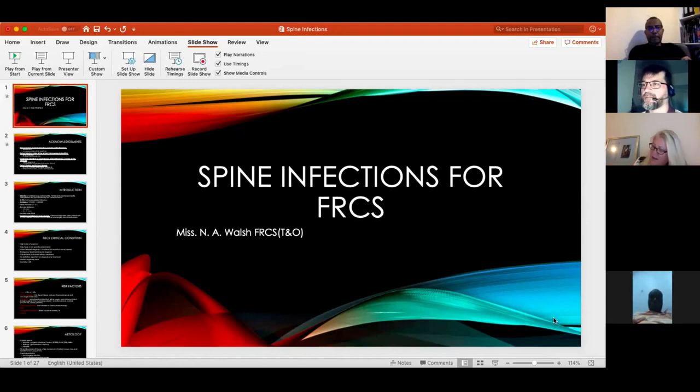It tends to be a spread from the adjacent vertebrae rather than the disc itself, unless you've had some kind of direct inoculation or local spread. That's my understanding of it.